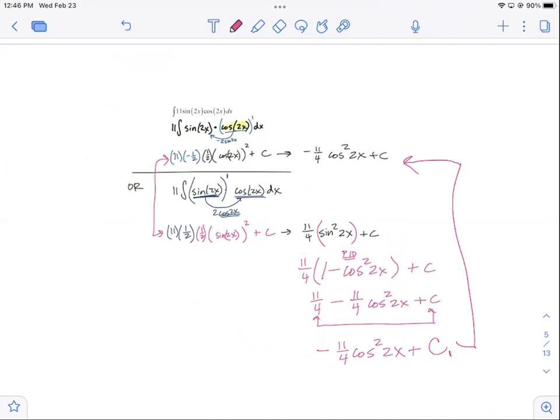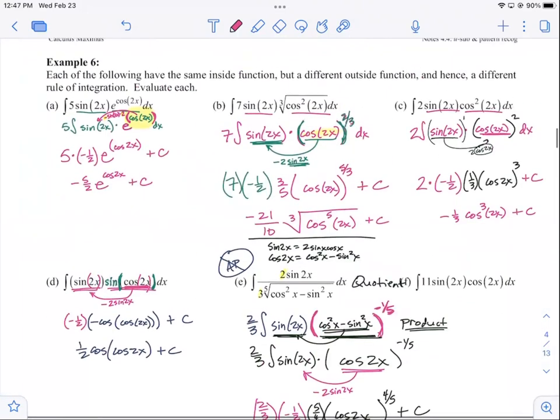In this case, you can see they only differ by the 11/4. So you can have a function with two different antiderivatives, but if they are different, then they only differ by a constant. Okay. So both of those methods are correct. So sometimes you do have flexibility, but sometimes no.